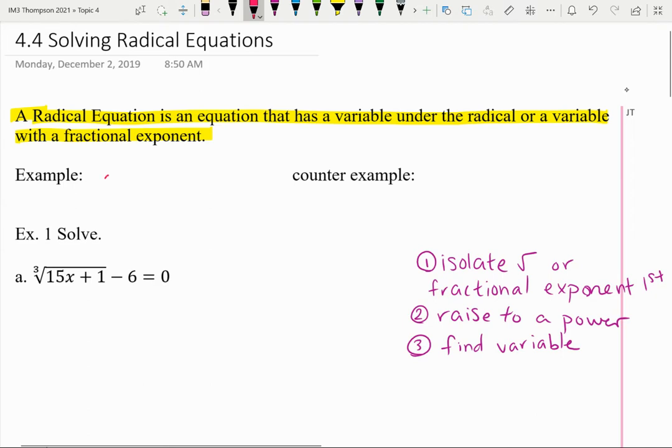An example of a radical equation would be something like this. I've got a radical, and I have a variable under that radical.